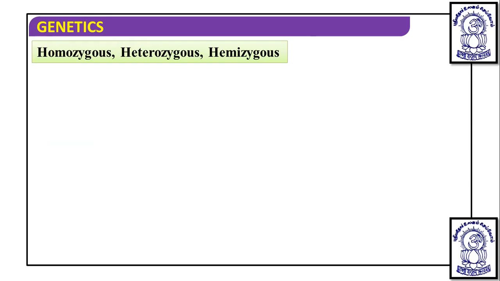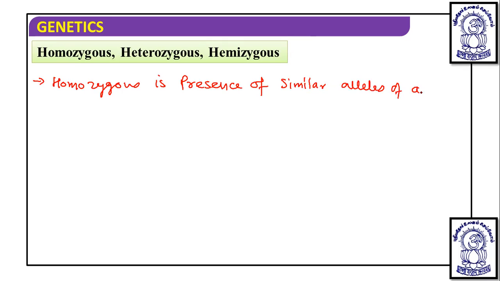So if we want to describe this and write a definition, then homozygous condition is the presence of similar alleles of a character in pair in a diploid organism.